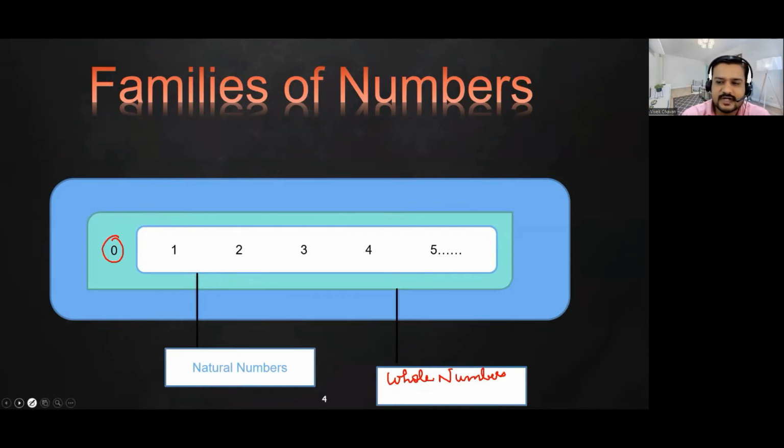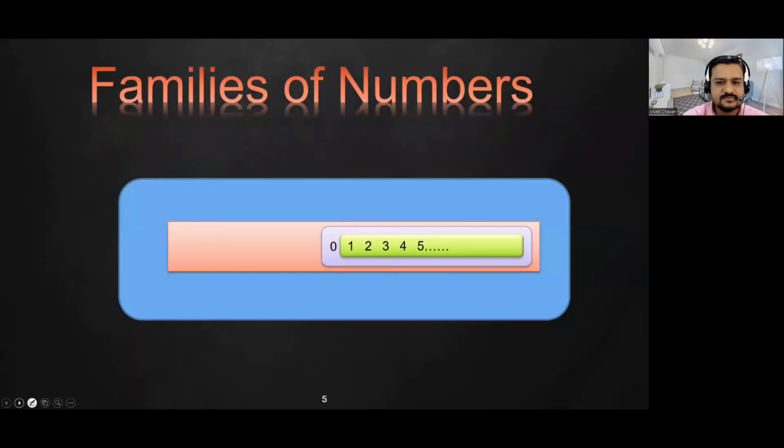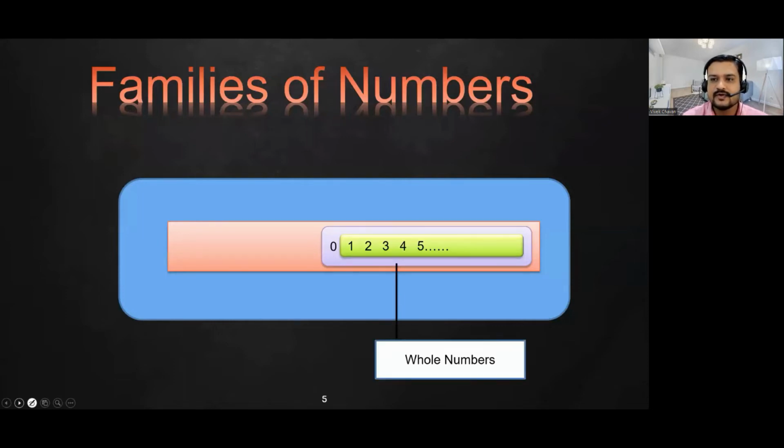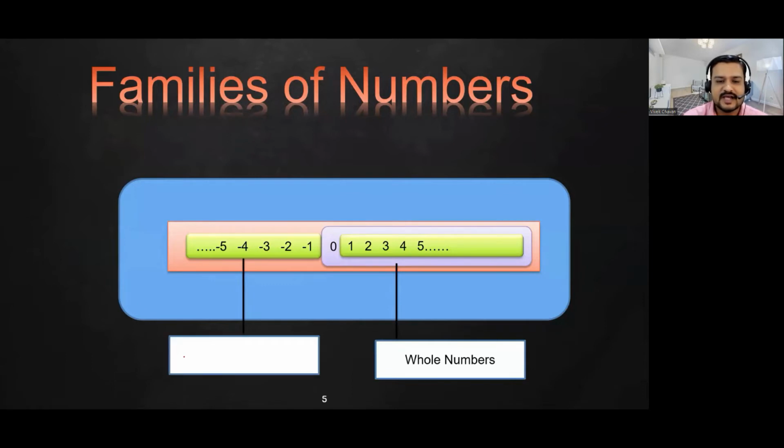Now what we'll do, we will expand this family of whole numbers. Now this is our family of whole numbers. And what we will do, we will add negative natural numbers to this family, and we will get a new family.